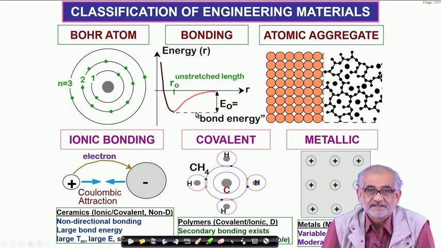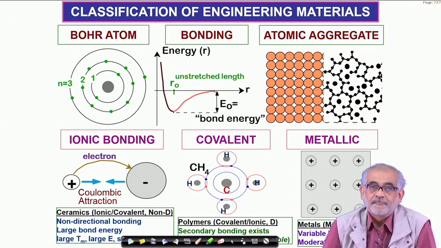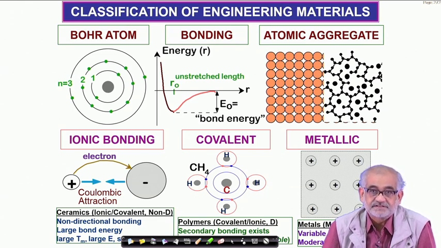And as we all know, these are called the metallic materials, the polymeric materials, or ceramic materials. But where is this classification coming from? We are going by certain traits which are absolutely unique.